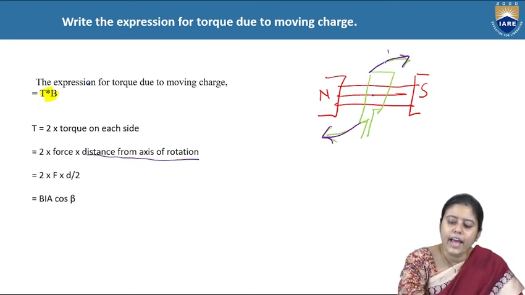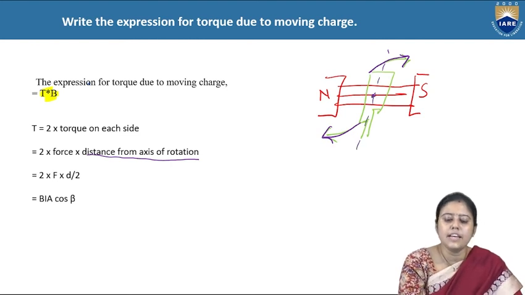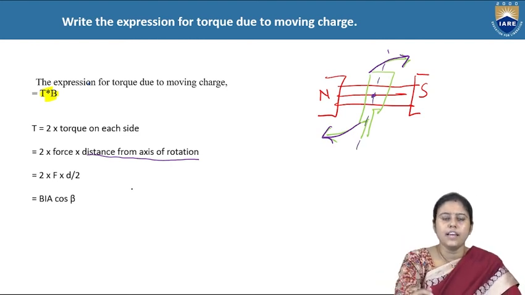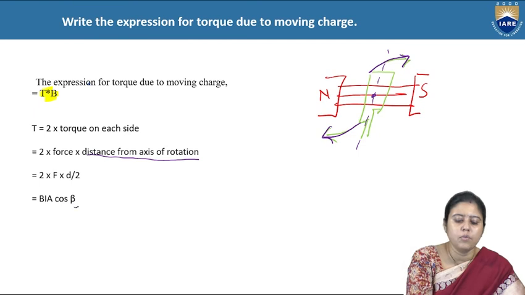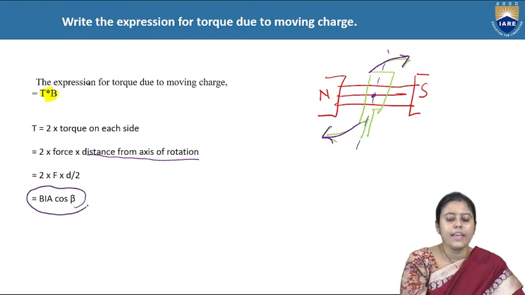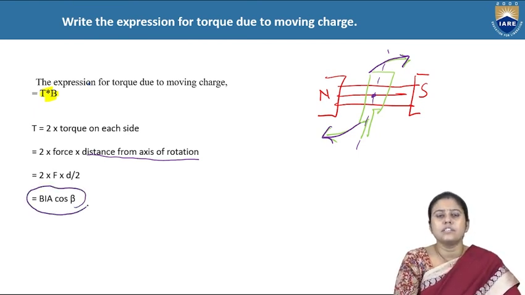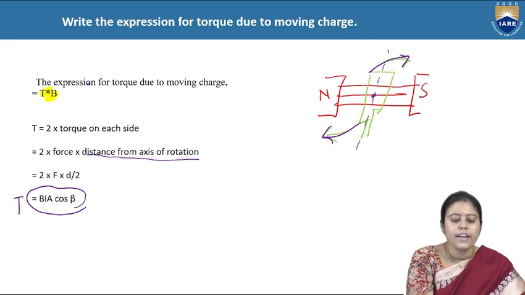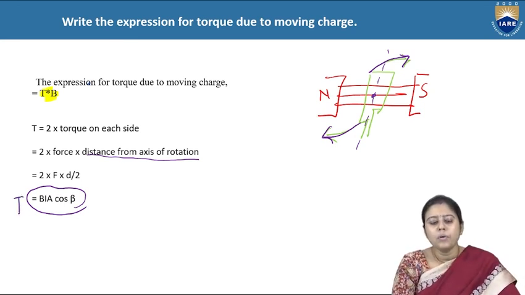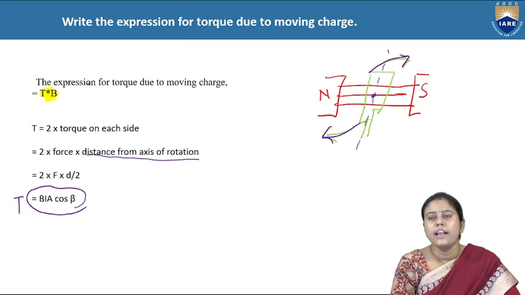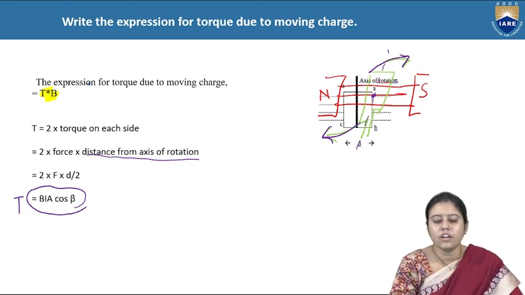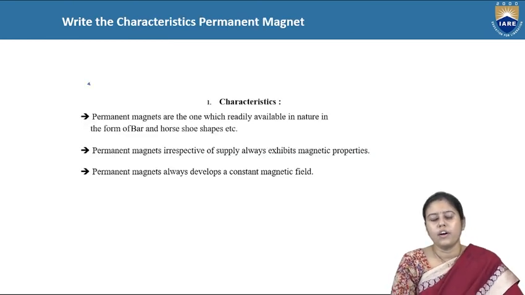If the total length is d, we can write 2 into F into d by 2, and this value equals BIA cos beta. So the torque is T equals B, the flux density, into I, the current, into A cos beta. This is the expression of the torque in a moving coil.